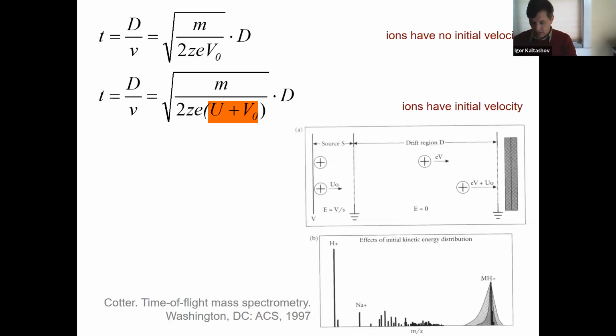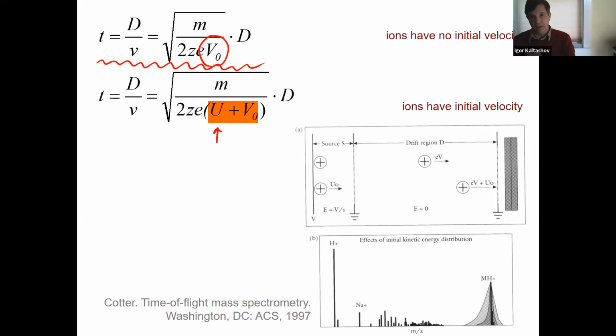This initial velocity, we calculate it. Here I present two variations of the formula that I have shown before. This is the travel time through the drift region for ions that have zero initial velocity, so their velocity is only determined by the acceleration potential. However, if you had some initial velocity, then it would look as if you had some extra acceleration potential, right?